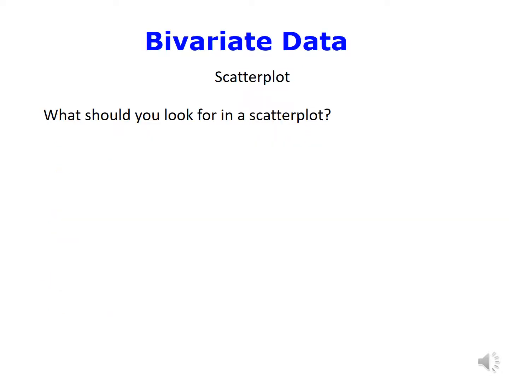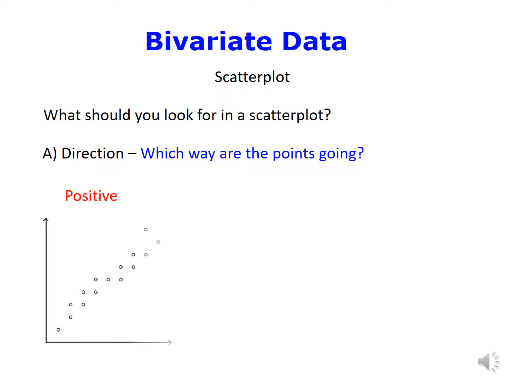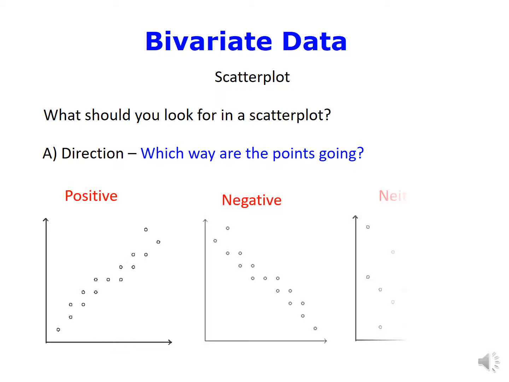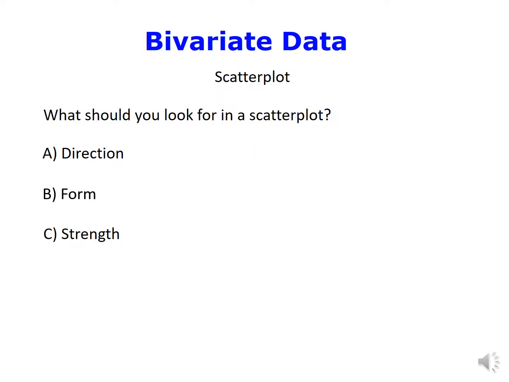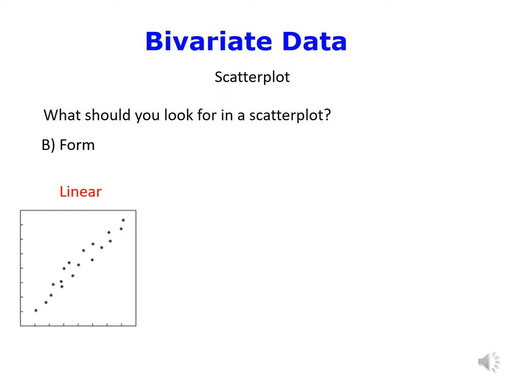Okay, so the things you should look for in a scatter plot: direction, form, strength. Direction is which way the points are going. We can have points that have a positive direction, a negative direction, or appear to go in no direction. For form, we have what shape the points make.